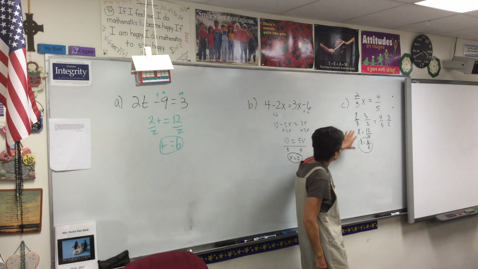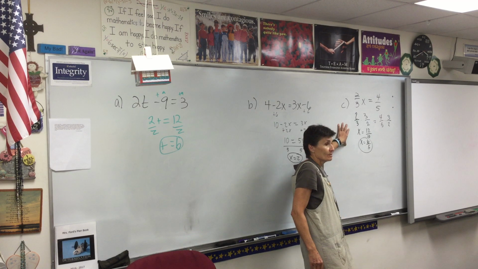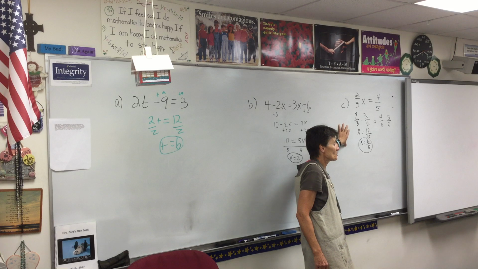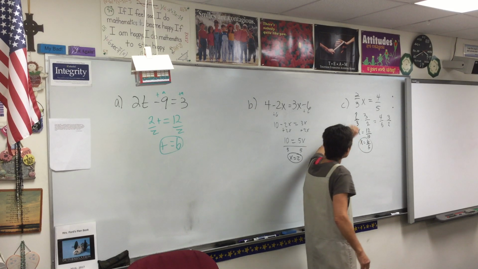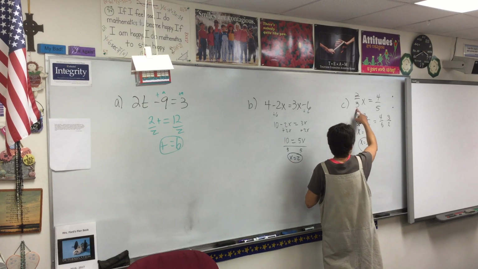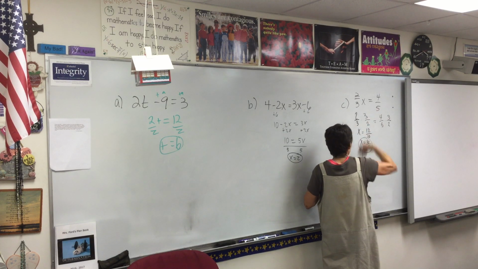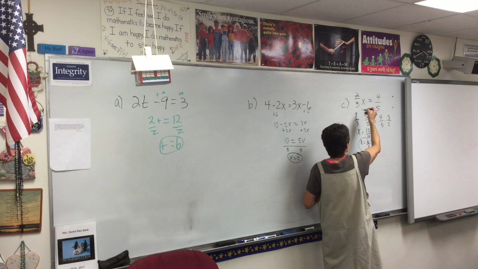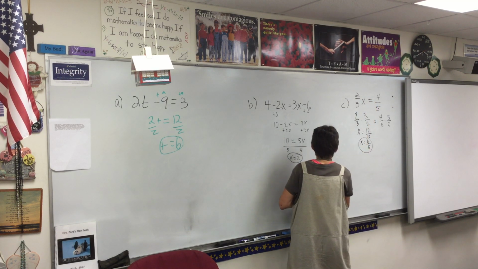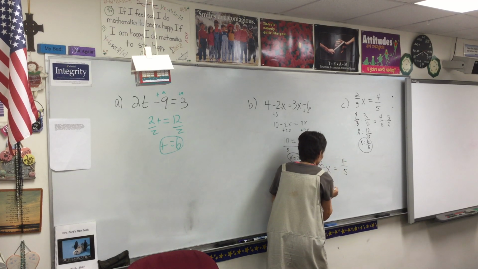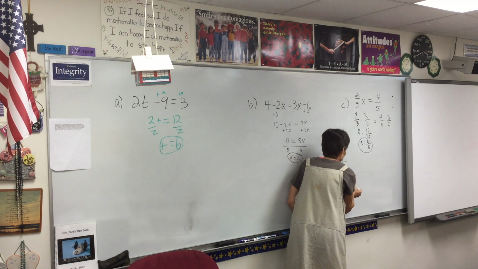How about this one? Do you understand what she did? This one you can do it different ways, but what she said was, I need to get rid of this 2/3 right here, because I ultimately want to have x equals. So I got to get rid of this. So technically, to get rid of it, we would divide by 2/3.